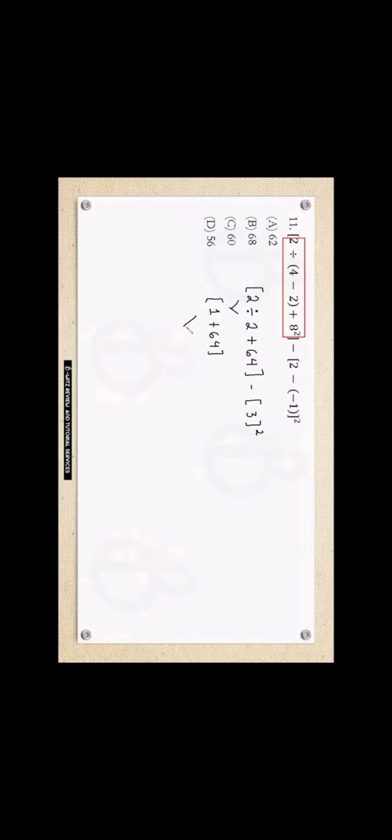And we know that 1 plus 64 is 65. Then take note that we need to square this. 3 squared is equal to 9 because 3 squared can be expanded as 3 times 3. Finally, 65 minus 9 will give us 56, and that is letter D.